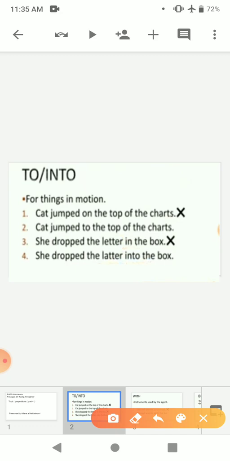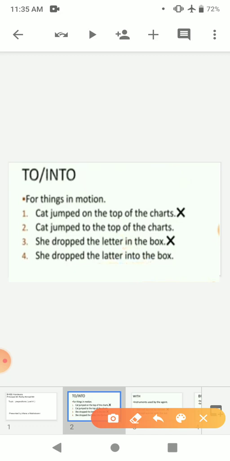Because the cat jumped, so it is showing some movement, and it jumped to the top of the chart. So the cat is in motion, so we will not use on here. We are supposed to use to, because movement of the cat can be seen here, because the cat has jumped.